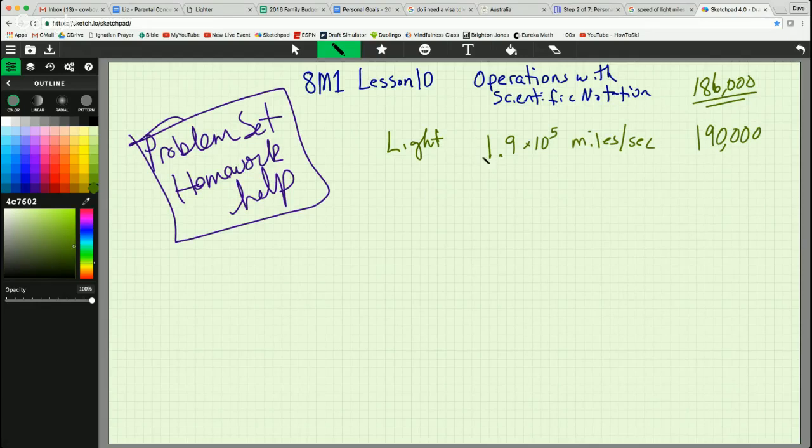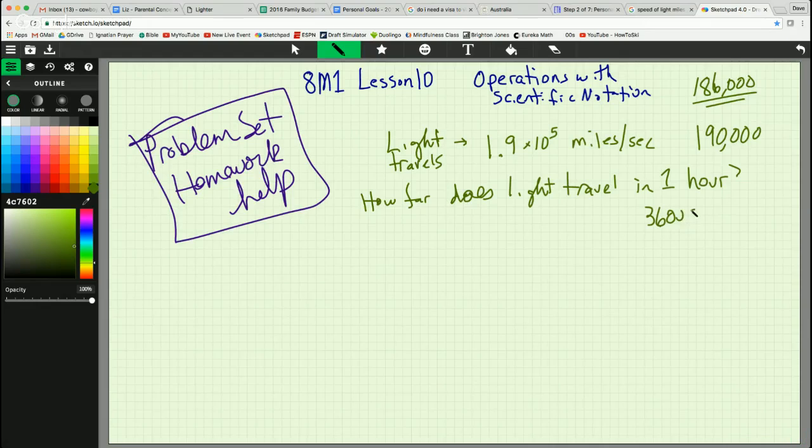So the question here: how far does light travel in 1 hour? And remember, there's 3,600 seconds in an hour. There's 60 seconds in a minute and 60 minutes in an hour.